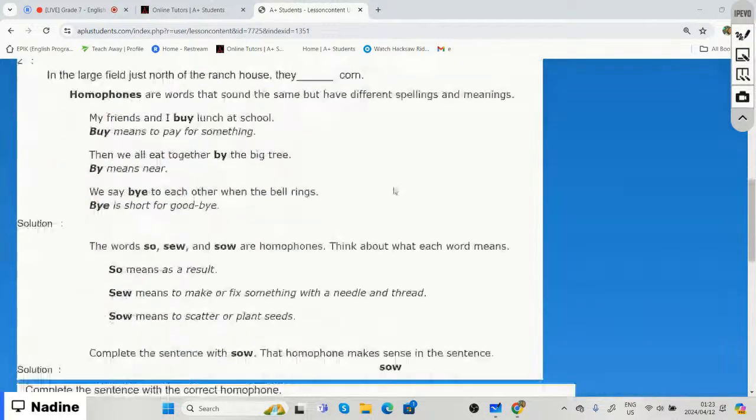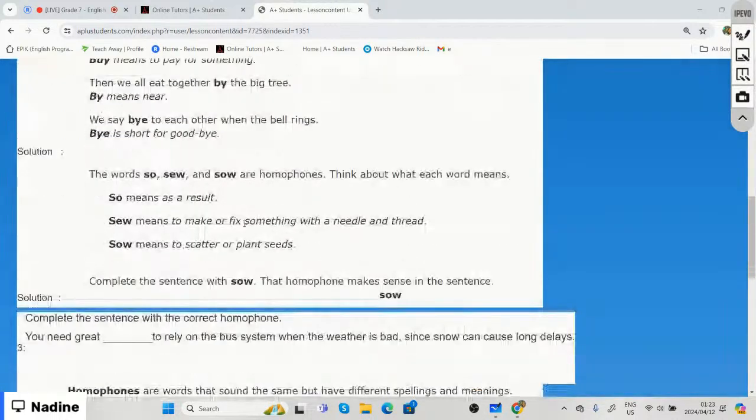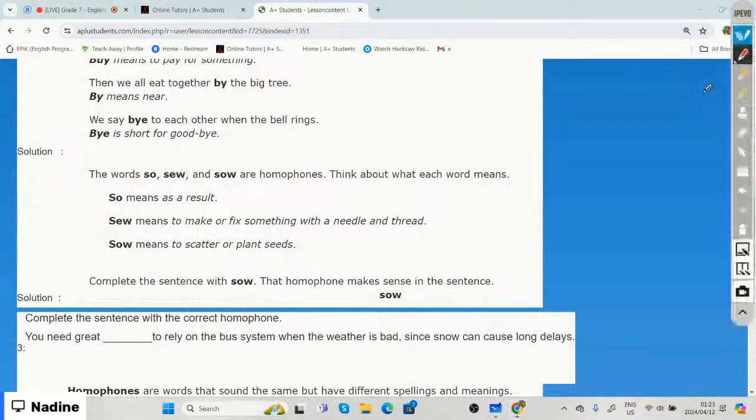If we look at another example of a homophone, we can look at the word so, sew, and sow. These are also another example of a homophone. These are words that sound the same, but the meanings of these words are different, right?